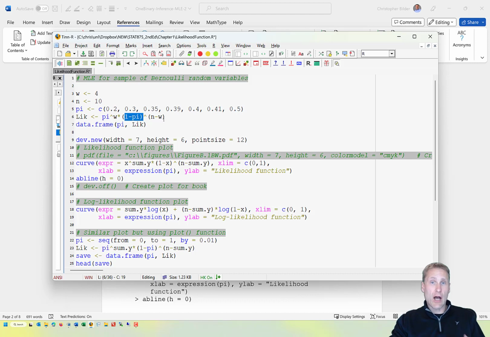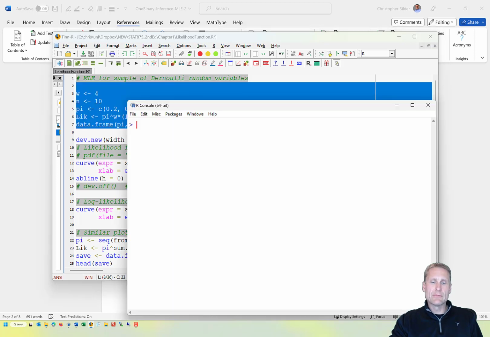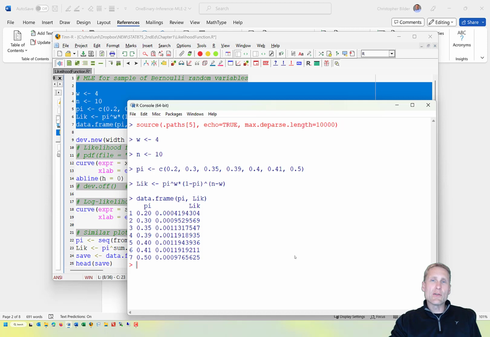The way that R operates on these calculations is it says, okay, this pi has a number of different values in it. So what it's going to do is repeat these calculations for every single value of pi. And then I'm going to summarize the results in a data frame. So let's go ahead and do that. And here's basically the numerical results that we saw in that previous table.